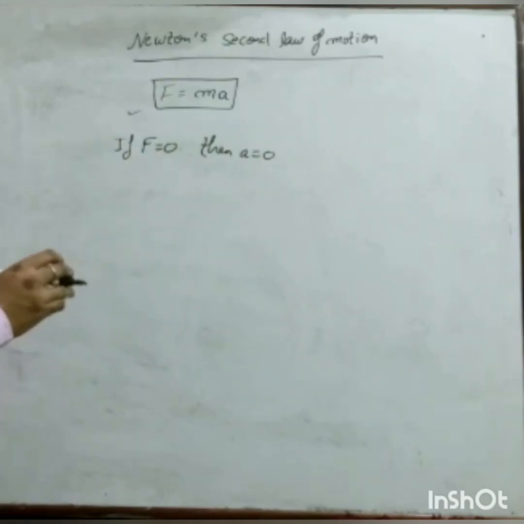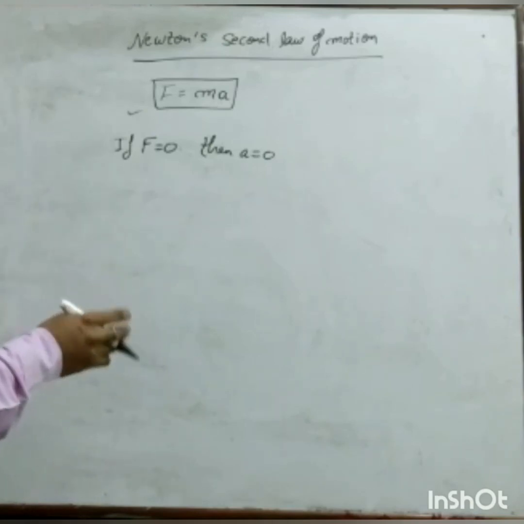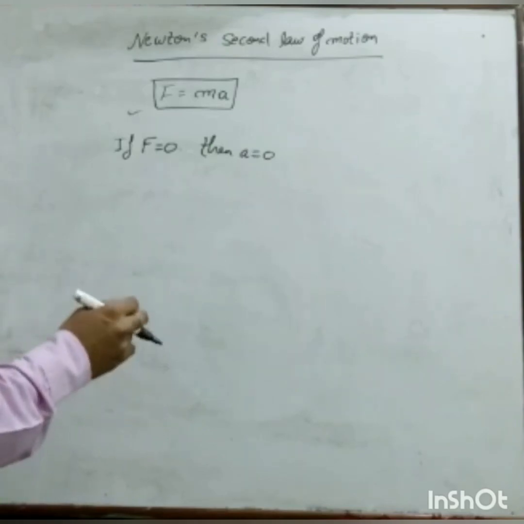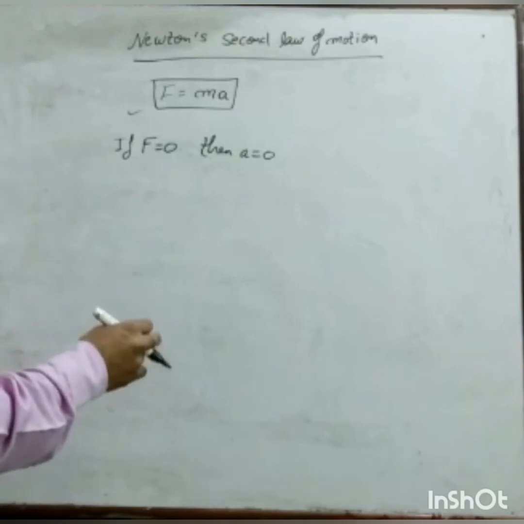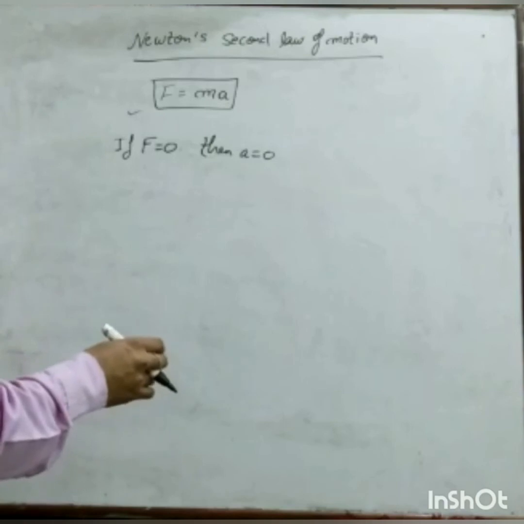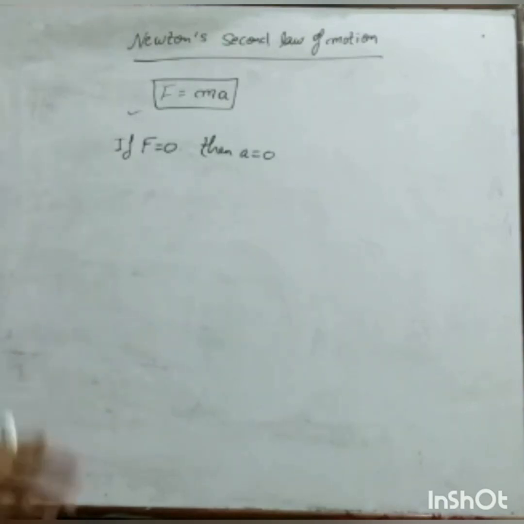If the body is at rest, it will remain at rest, and if it is moving, it will remain moving in the same direction with the same speed. So a body not acted upon by any external force does not change its state of rest or of motion. This is the statement of Newton's first law of motion.